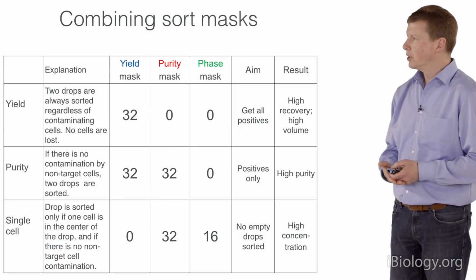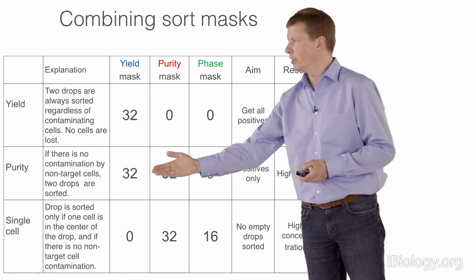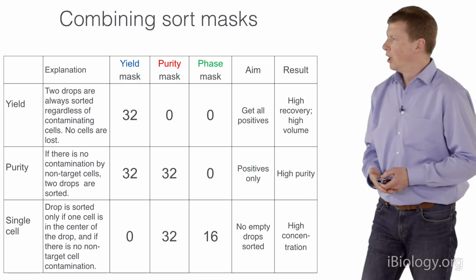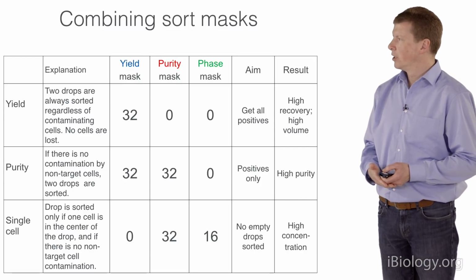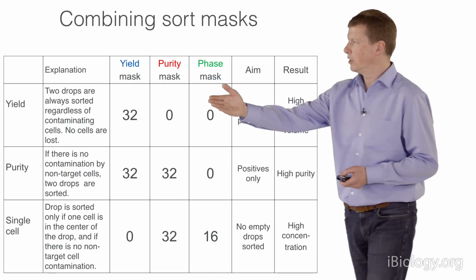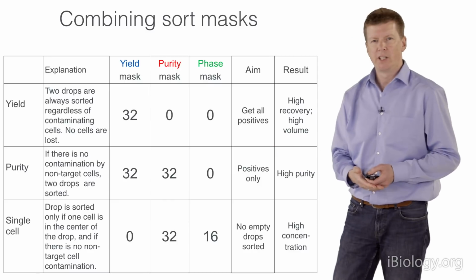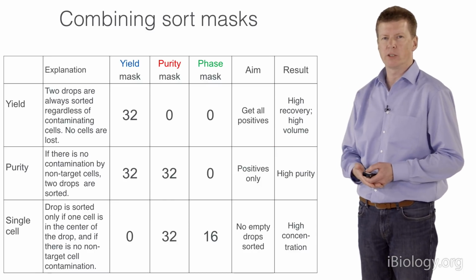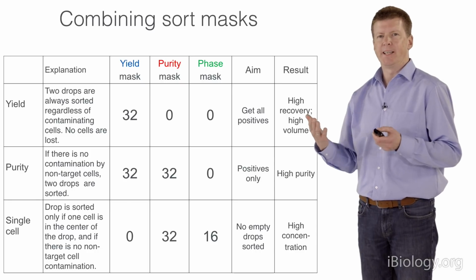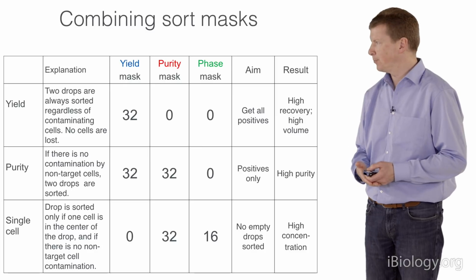So from the sort software, you can now choose here yield, purity, and single cell. And if you have chosen the yield mask, you see the yield is set here to 32. So that means a cell will always touching a segment, and therefore always 2 drops are sorted to make sure that the cell of interest really makes it into our collection device.